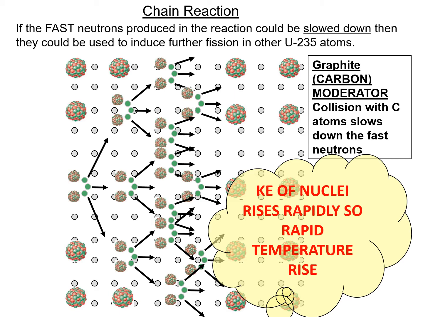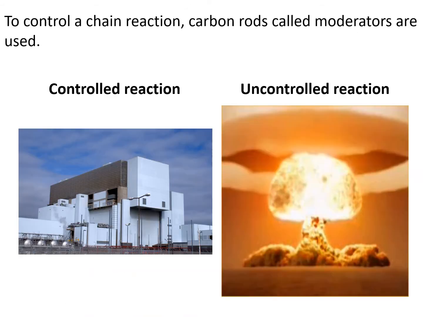And all of this energy is released as kinetic energy, which leads to a resultant rise in temperature. So to control the chain reaction, as we said, we use carbon rods called moderators. If it's a controlled reaction, it's a nuclear power station. And if it's an uncontrolled reaction, we have a nuclear bomb. And that's the basic idea of how to build a nuclear bomb.